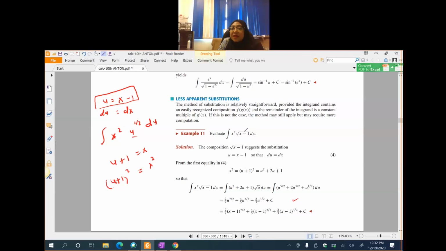If you have x minus 1, how do you combine it with the x squared? You cannot. So the key is to make the variables under this cube root or square root sign involve only one variable. Make it easier.